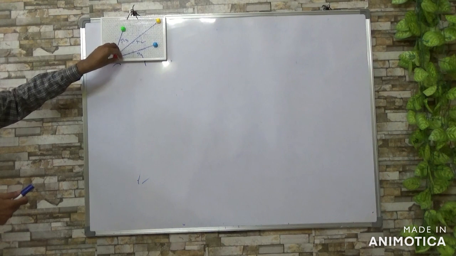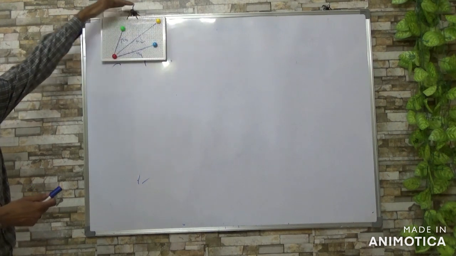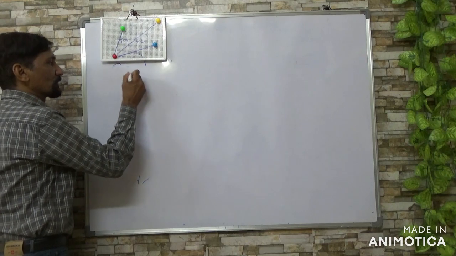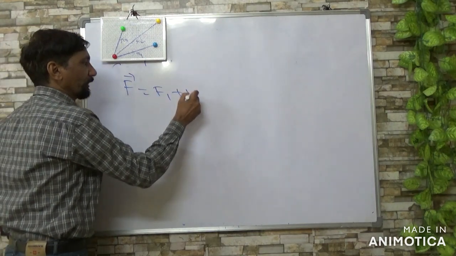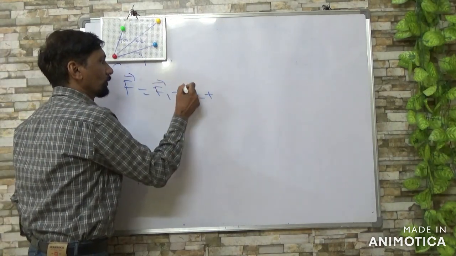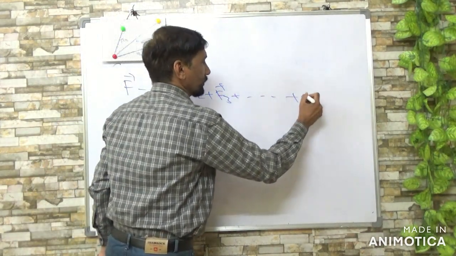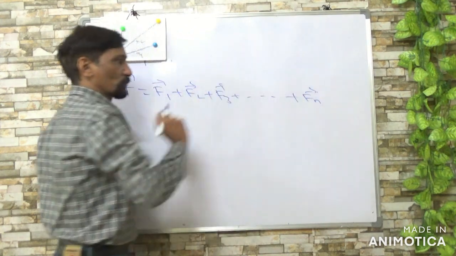Then the resultant force experienced by this charge due to all those n charges is nothing but the vectorial sum. So the addition of F1 plus F2 plus F3 and so on will give you the resultant force.